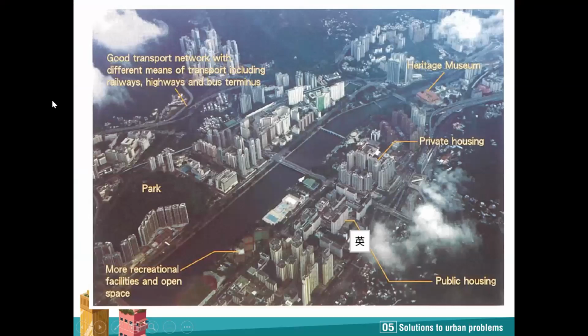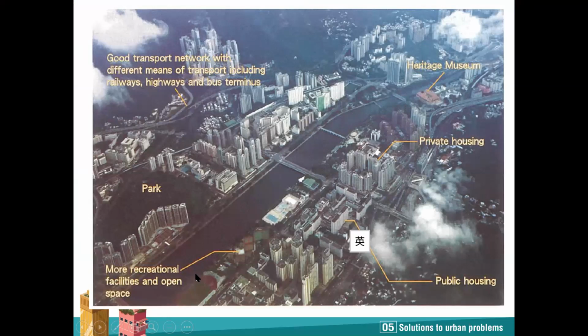This is the aerial photo of Shatin. This is Shing Mun River. As you can see, this is a cultural facility, the Heritage Museum, and this is the City Plaza, the private housing along the railway line, and this is the public housing.